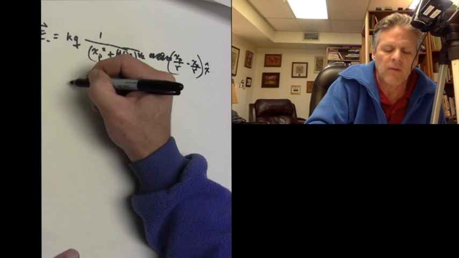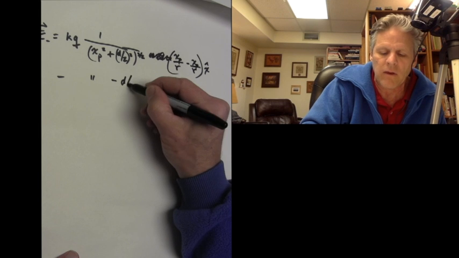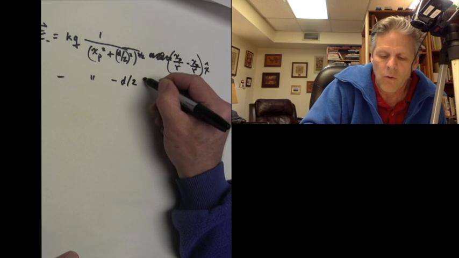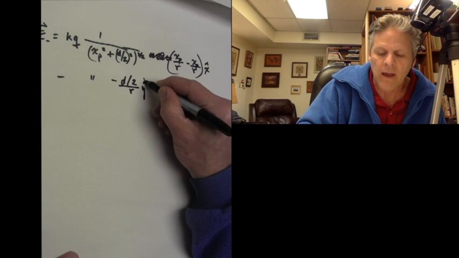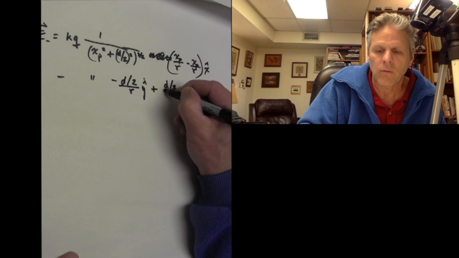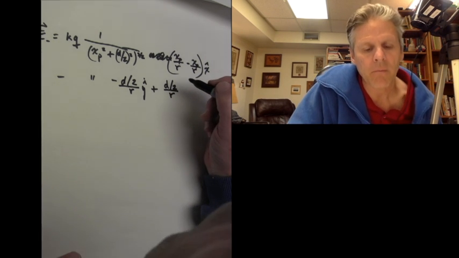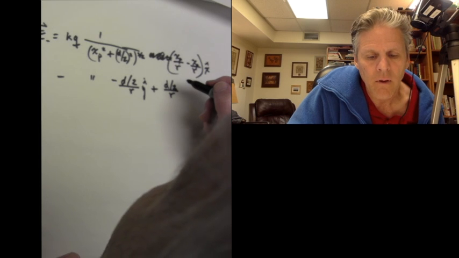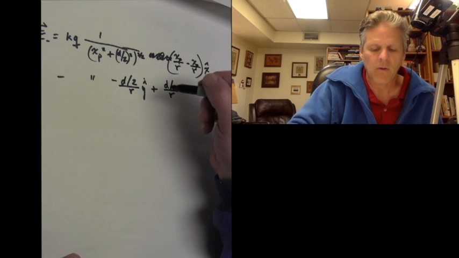Actually, I have the same exact term except a minus sign in front of it. So I've got a minus sign there. I've got a minus d over 2 over r y hat plus d over 2 over r. Did I screw that up? Oh, yes. Okay.